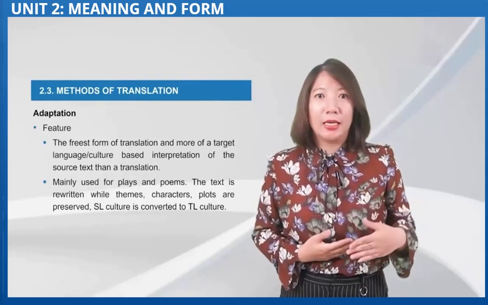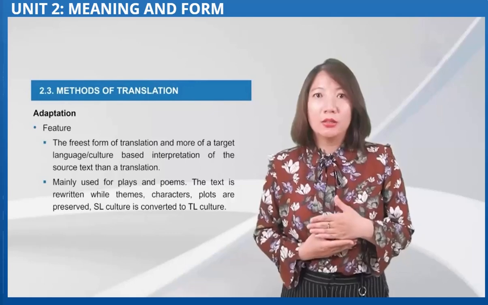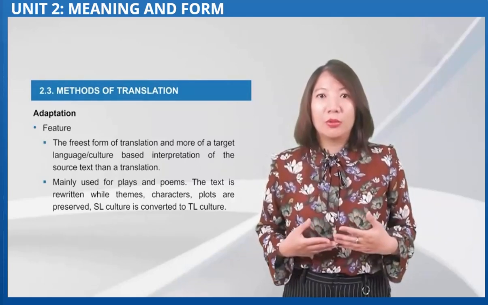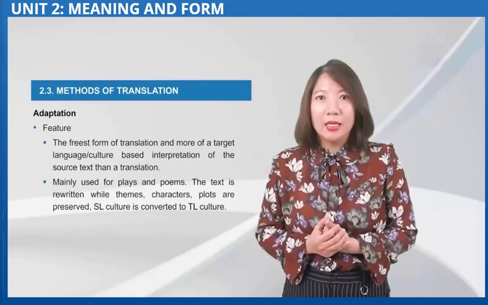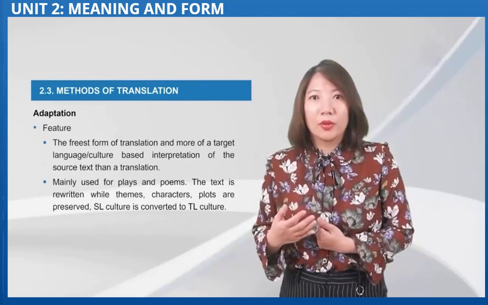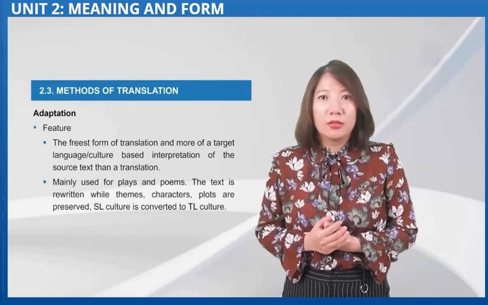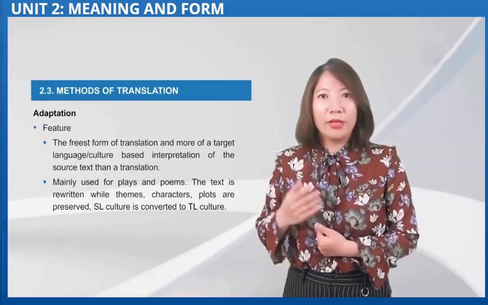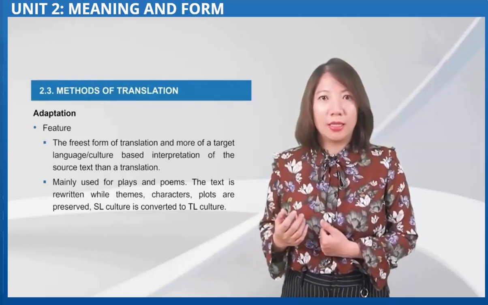Phương pháp dịch này được gọi là phương pháp dịch tự do nhất, và thực ra thì nó giống như cách chúng ta diễn giải lại cái văn bản gốc thành một cái văn bản mới, có nghĩa là chúng ta viết lại bằng cái ngôn ngữ mới hơn là dịch.